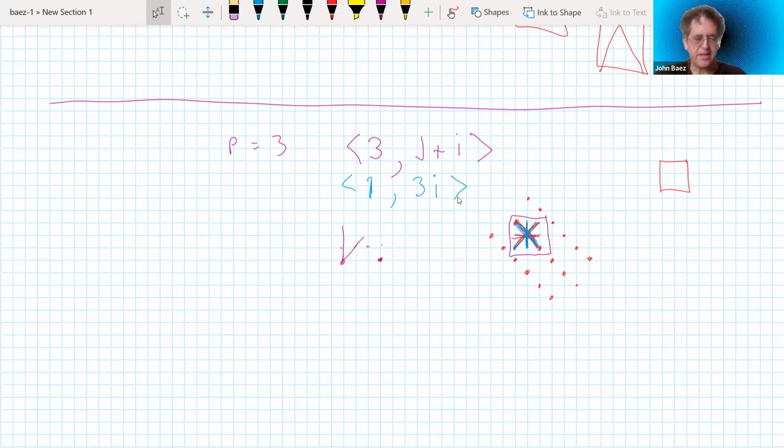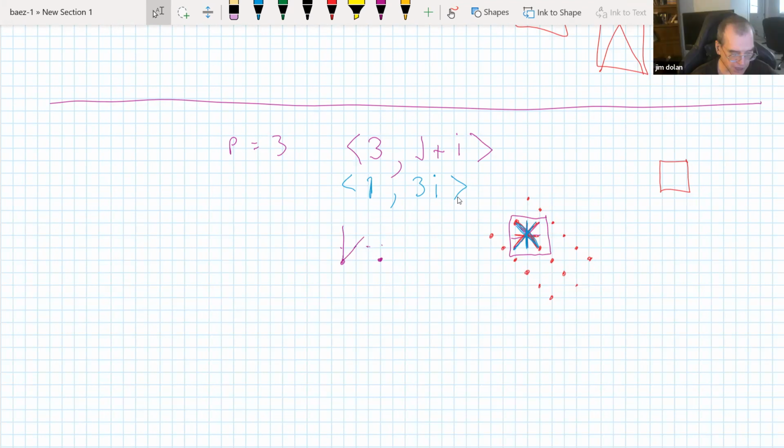Yeah, the extra point on the projective line is the line of infinite slope. That's one way to think of it. Except somehow I got infinite slope and zero slope backwards in this setup, but that's okay.